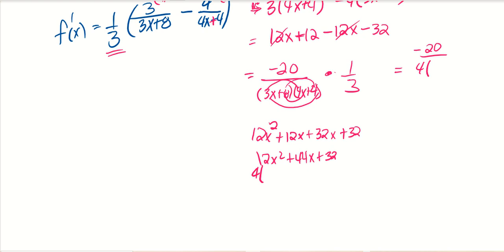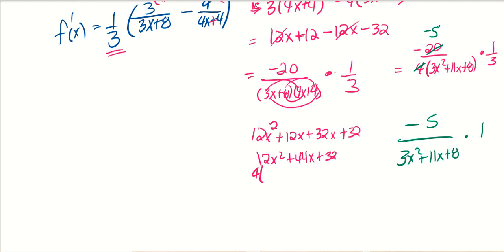That will be 3x squared plus 11x plus 8. And we're still going to have to multiply by 1/3. The only reason why I'm doing this extra step is because most homework in Knewton Alta wants you to reduce it all the way. So we need to take the 4 and divide it into 20, and that'll give us a negative 5. So this is negative 5 over 3x squared plus 11x plus 8, times this by 1/3.